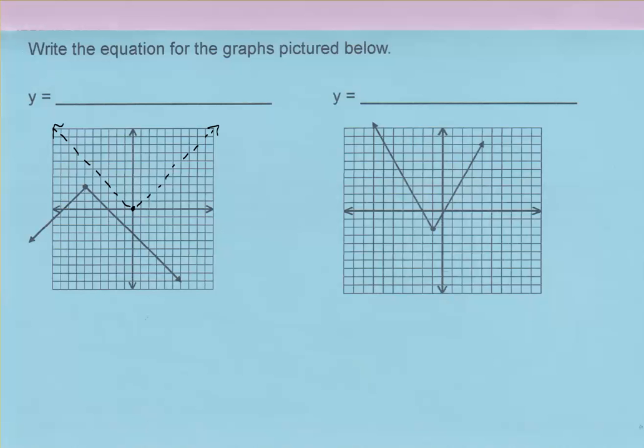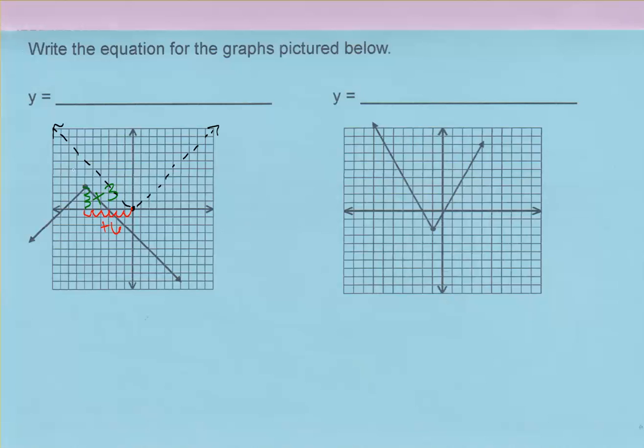So first, I moved left 1, 2, 3, 4, 5, 6. So since I moved left 6, that means that we are going to add 6. And then I went up 1, 2, 3. So we went up 3.